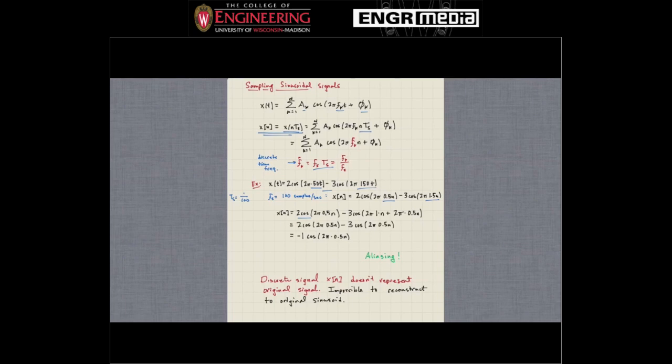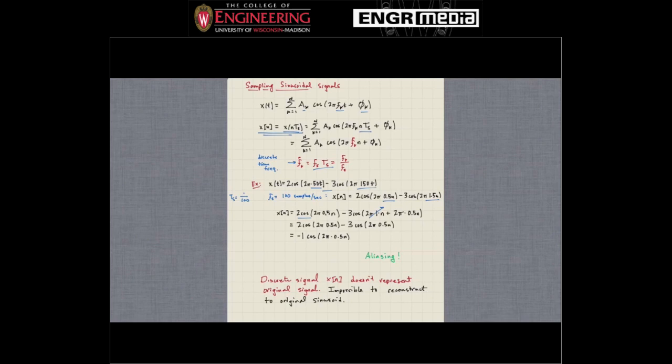And so what you'll notice, just doing this little trick, all of a sudden this term that has the 2 pi times 1n, I can just cross that out, right? Because for any integer value of n, remember n only takes on integer values, the cosine is the same. So we can just cross that out. So we're left with just this 2 pi times 0.5n.